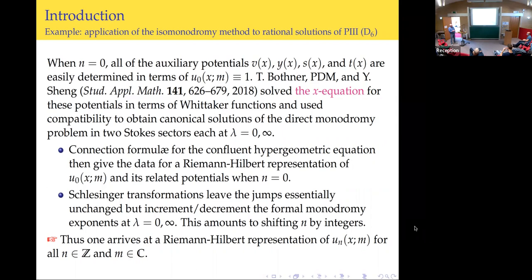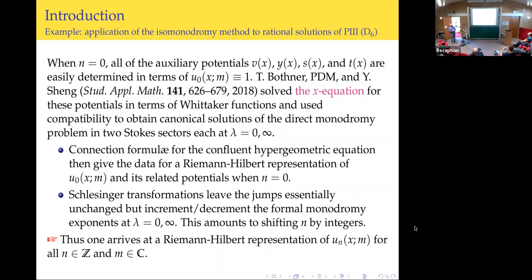And so we had a paper with Thomas Bothner and Yu Sheng, where we solved the x equation, the second one in that Lax pair, using the fact that the coefficients' dependence on x was so simple. What comes out is that actually that equation is really the confluent hypergeometric equation in disguise. And so you can write down a solution in terms of Whittaker functions.